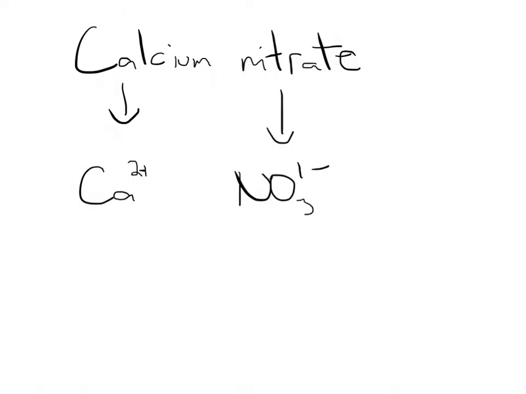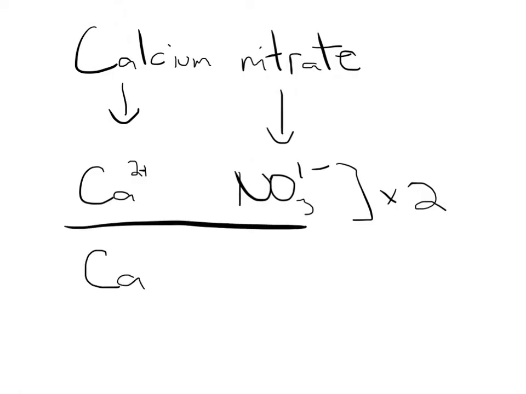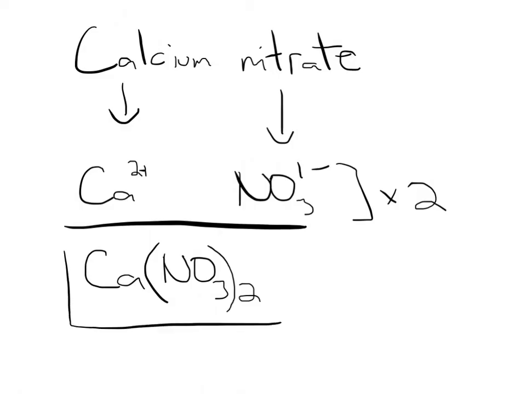So now we're going to do the crisscross. Well, we don't have to do the crisscross. What we can see is that this is a -1, so we have to have 2 of these to make the compound happen. So the formula will be CaNO3 and then 2. But remember, we want to show that we need 2 NO3s. So to show that we need 2 NO3s, we put parentheses around the nitrate. And this is how, when using polyatomic ions, you write the formula.